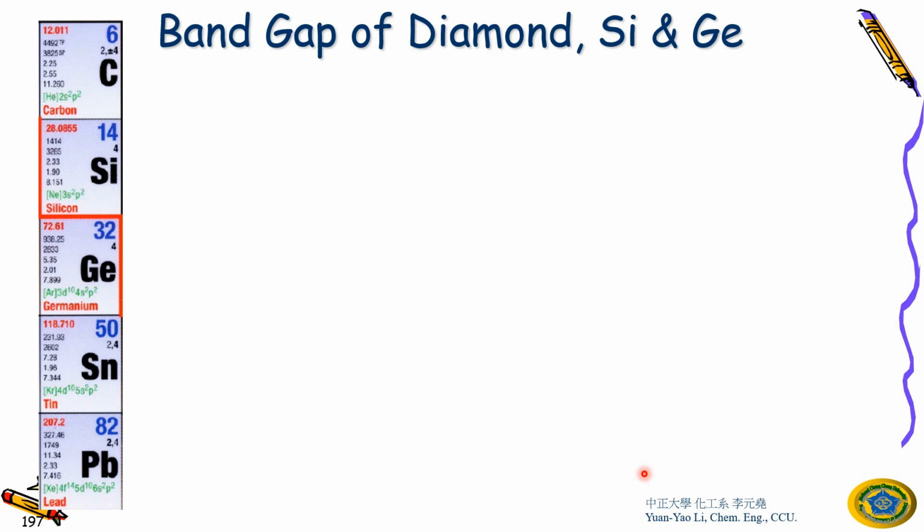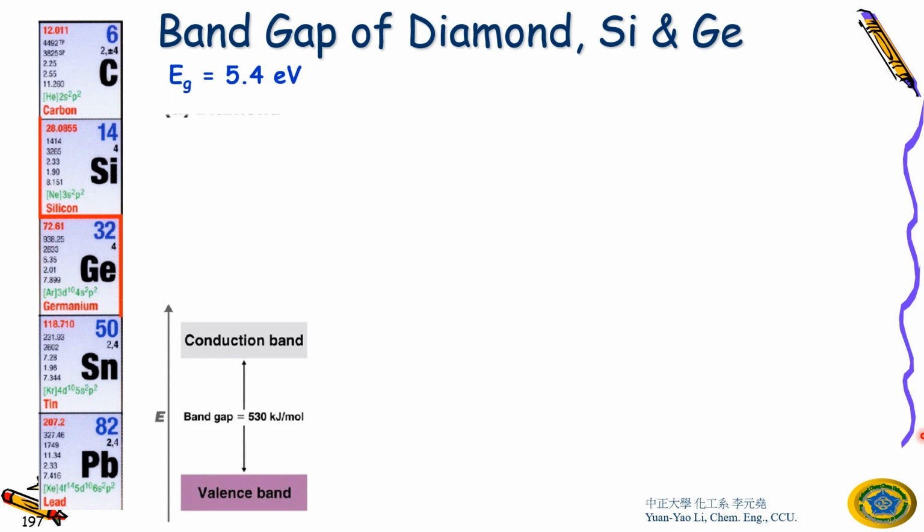Right. So now let's go back to carbon, silicon, germanium, tin, and lead. This is diamond, carbon, whose energy band gap is 5.4 electron volt. This is 2s and 2p, so n equal to 2, and now n equal to 3.